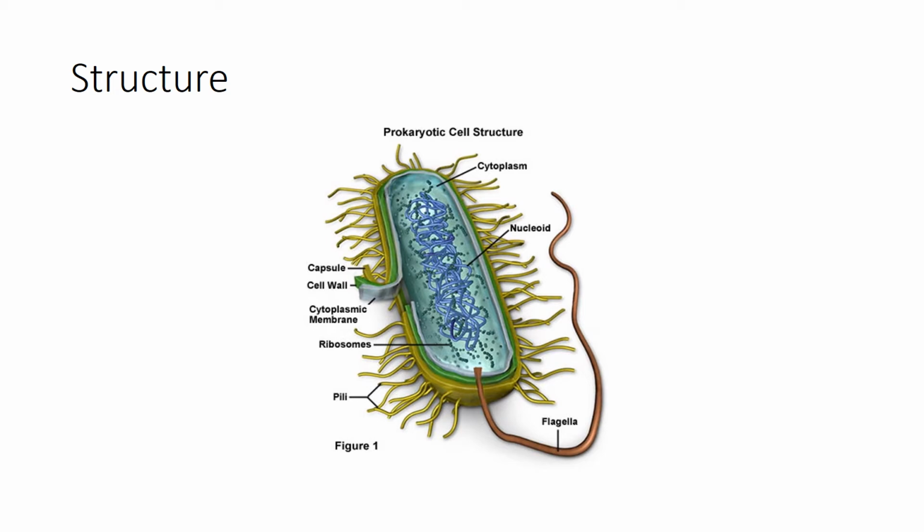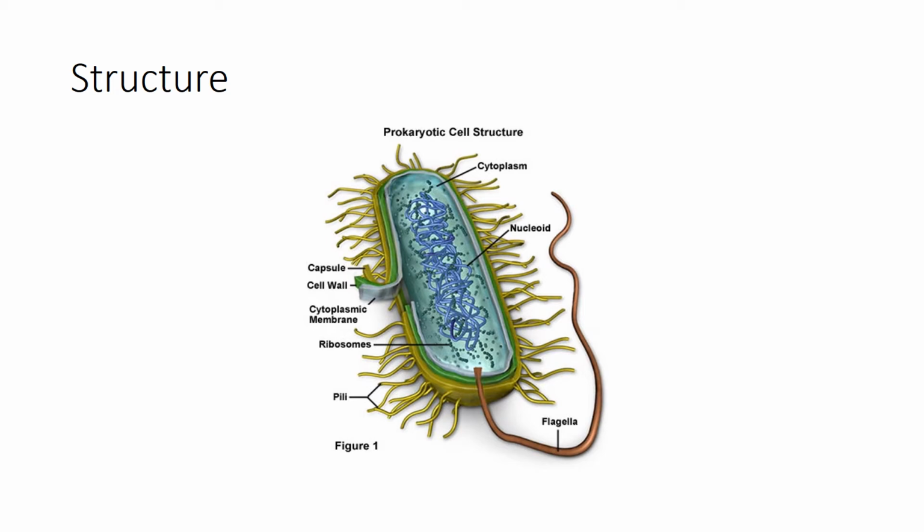Pili are structures that allow contact with the environment. They may be used for attachment by some prokaryotic cells. And the flagellum has a different function. Flagellum is singular; flagella is plural. Flagella are for movement. In many prokaryotic cells, these flagella work like propellers.